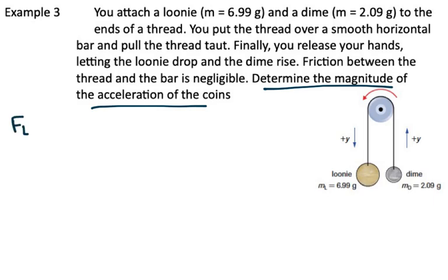So the force on the loonie would be mass times acceleration. The mass of the loonie, 6.99 grams. However, we cannot use mass in grams in a calculation. We need kilograms. So we'll divide that by 1,000, 0.00699.